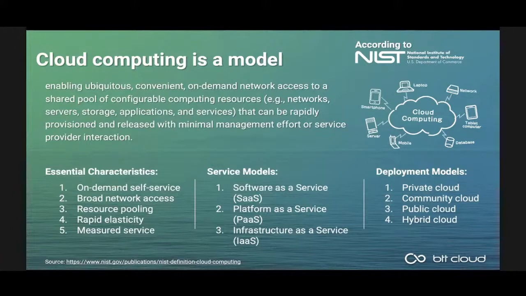You need network access, which means it should be remotely accessible. Resource pooling: cloud is almost like taking many computers, connecting them into one pool of resources, and then sharing it with the users. And elasticity and measured service. There are service models and deployment models.